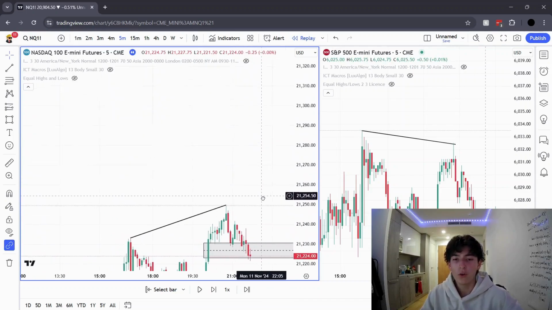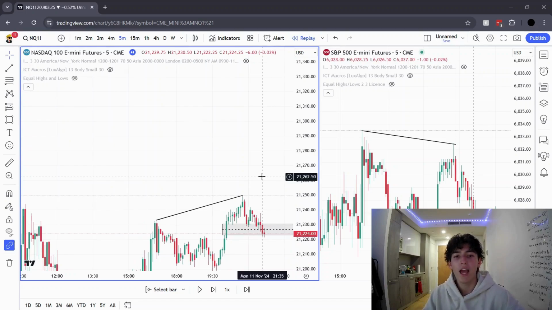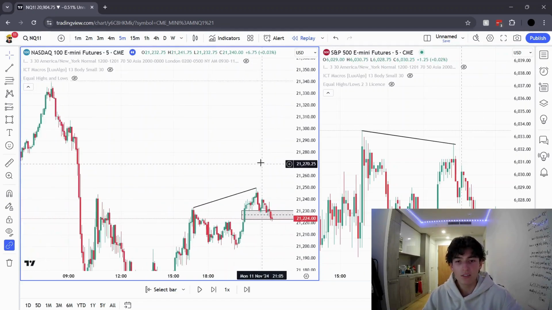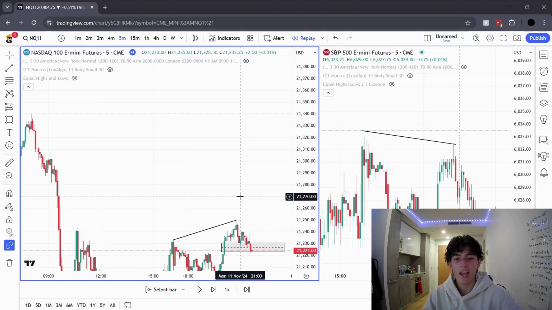Now, what I don't want you guys to get confused is I don't use SMTs in every single one of my trades. I know some people that do. I know some people that say they can't take a trade if there isn't an SMT, but that's not something I do. I use what I just taught you as a confluence, as something that confirms my bias more, right?